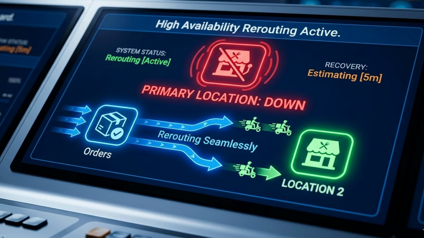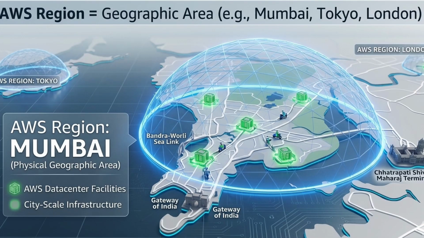AWS built this resilience into its physical DNA using a specific hierarchy. First, we have regions. Think of these as major cities, places like Mumbai, Tokyo, or London. Each region is a separate geographic area designed to be close to your customers to reduce the lag. But inside each region, the magic happens in availability zones.